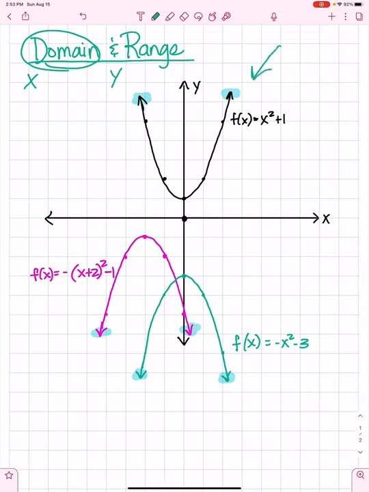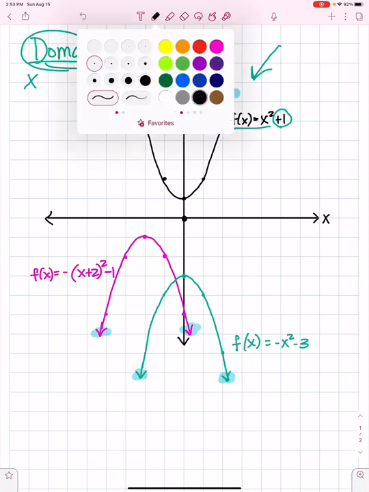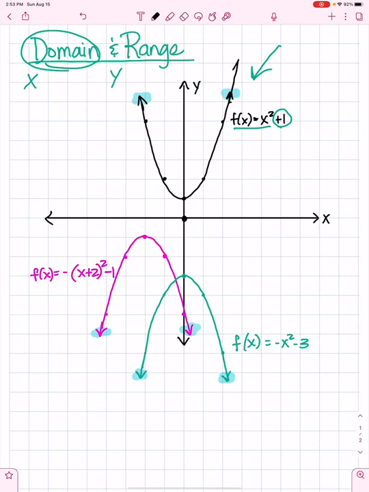So I'm going to talk about this very first parabola right up here. All right. So I'm looking at f of x equals x squared plus 1. So this is essentially just the parent graph, and it has shifted up 1. So if you'll notice, I'm going off forever this way and this way. Well, as you get closer and closer to infinity in the positive x direction, this graph is going to continue to go up and over.